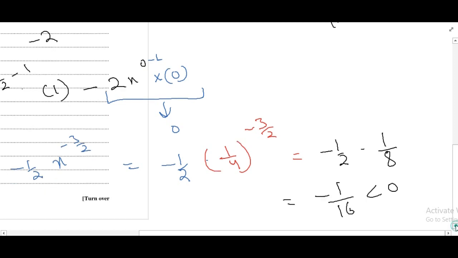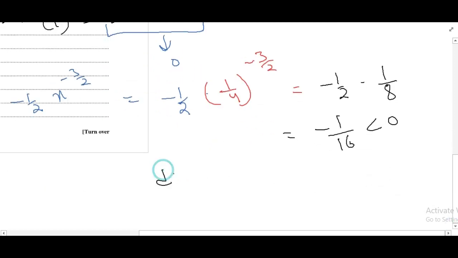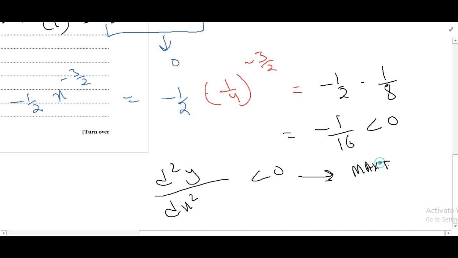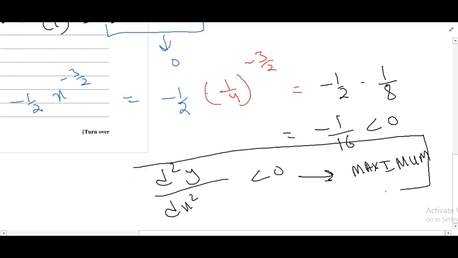Whenever d2y/dx squared is less than 0, the stationary point is a maximum. That's it.